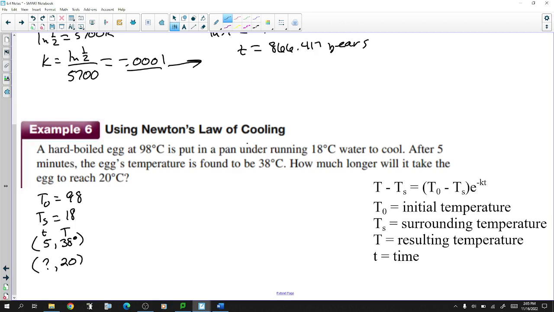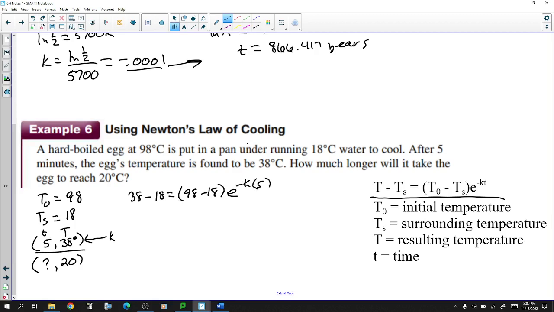So this is to find the k. Now here's the formula over here, and we're not asking you to memorize that. We'll give you that formula. So 38 minus 18 is equal to 98 minus 18, e to the negative k times 5.